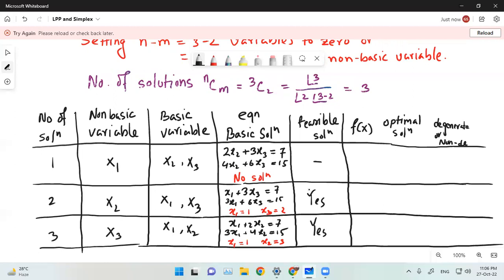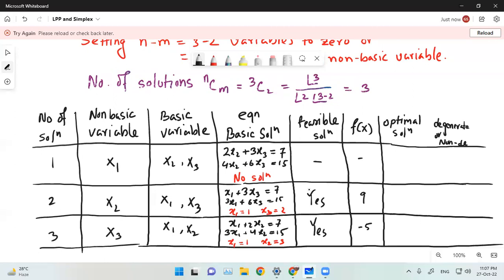Now, we can calculate the function value with x1 equal to 1 and x2 equal to 2 from the given equation. If we plug in, we are going to get a magnitude of 9. Similarly, we are going to get a magnitude of -5. So out of the 3 or 4 solutions, in general, one of them will be optimal.